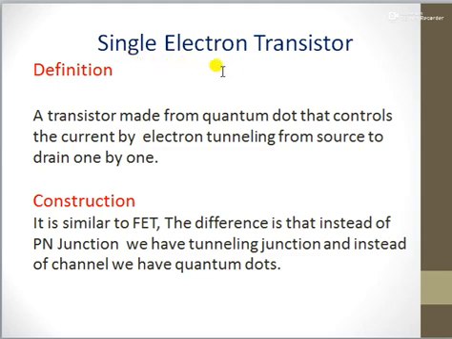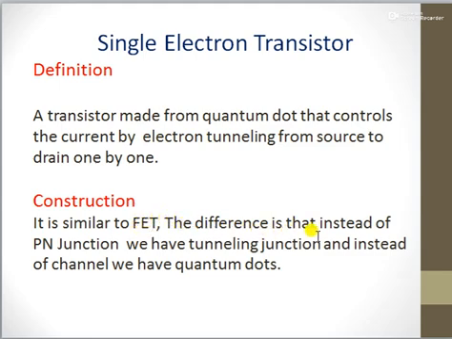So, based on this, first we will see the definition of a single electron transistor. A transistor made from a quantum dot that controls the current by electron tunneling from source to drain one by one. Construction: it is similar to a FET, that is, a field effect transistor.